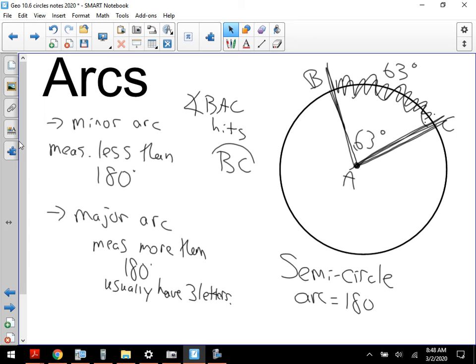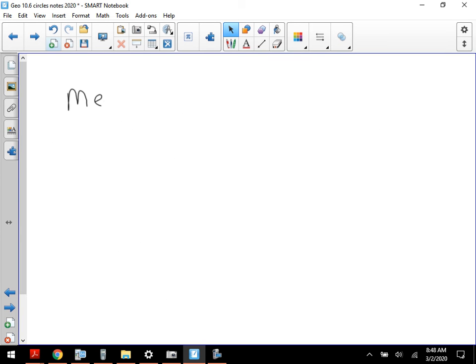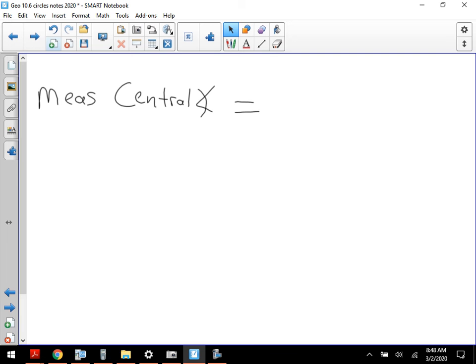The measure of what we call a central angle always equals the arc that it hits. All right, let's put that in a clean one. The measure of a central angle will always equal the measure of the arc it hits.